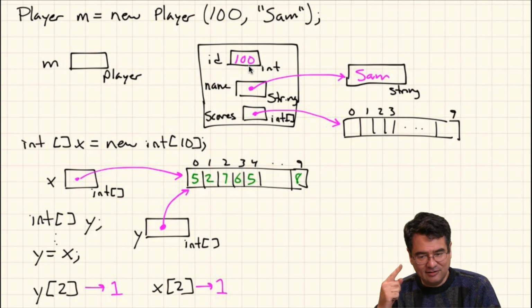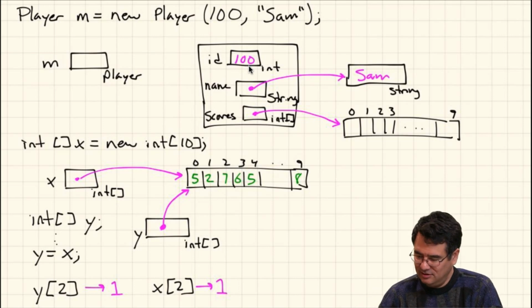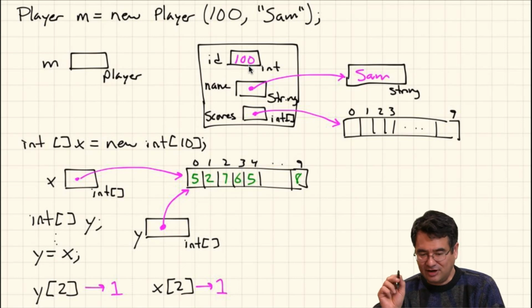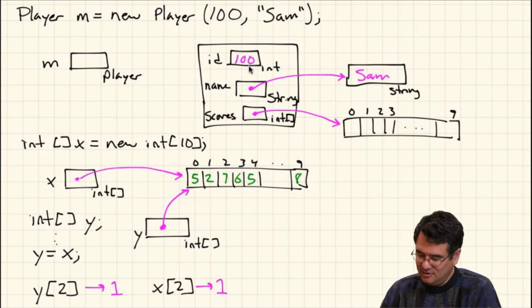But having this model in mind will help you when you design your programs and realize that when you do things like do an assignment, I don't mean like a computer programming assignment, I mean this kind of assignment, all you're doing is just copying a number from one location to another location. You're just copying the number that was in this box and putting it in this box. That's all you're doing. It's a very, very quick operation.